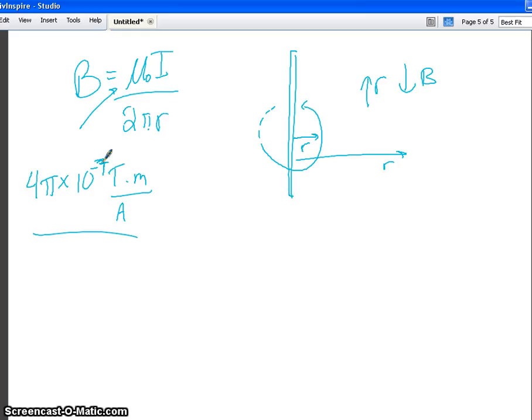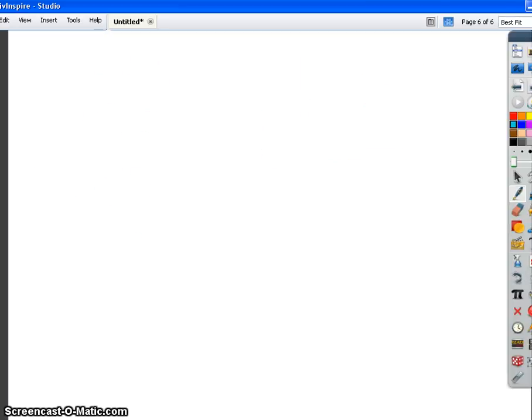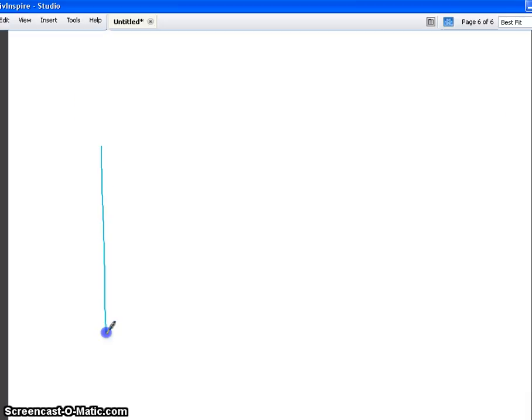The hardest part about this right-hand rule number two is looking at a wire on a 2D piece of paper and figuring out which direction the magnetic field is facing. So I'm going to start off with an example here. I'm going to draw a cube.